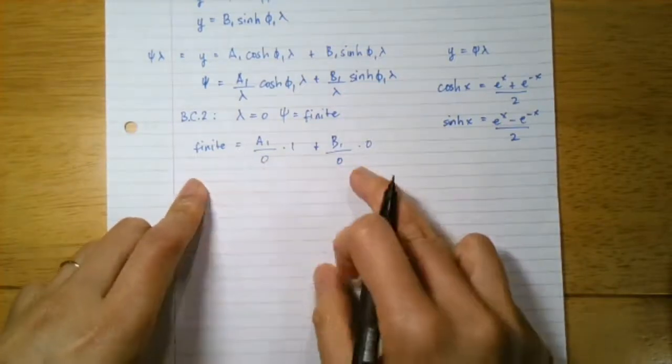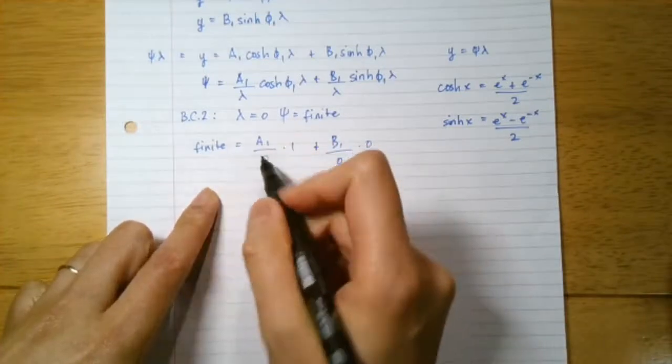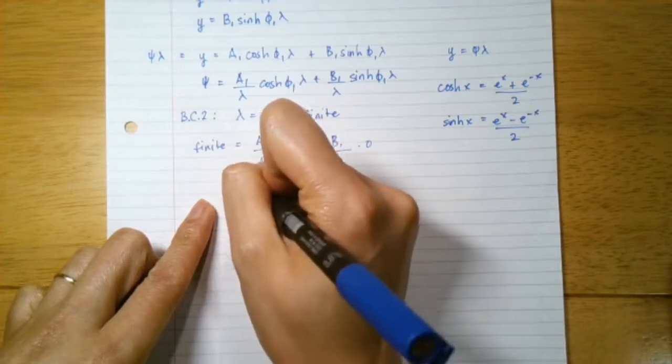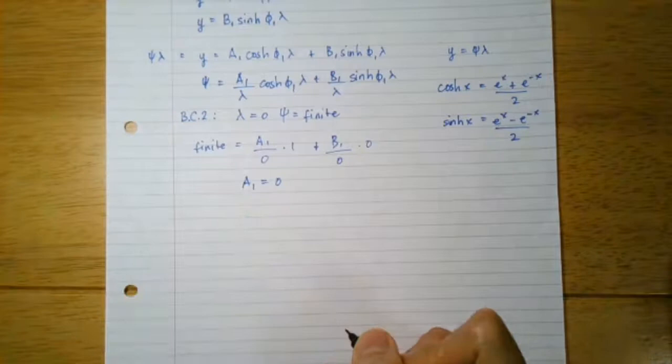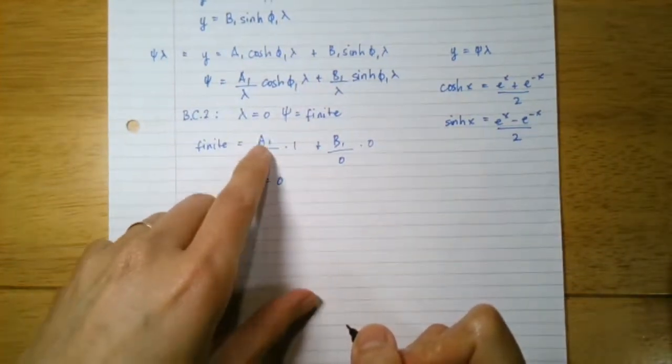The only way for this to be finite is when a1 is equal to 0. Otherwise, it will become infinite.